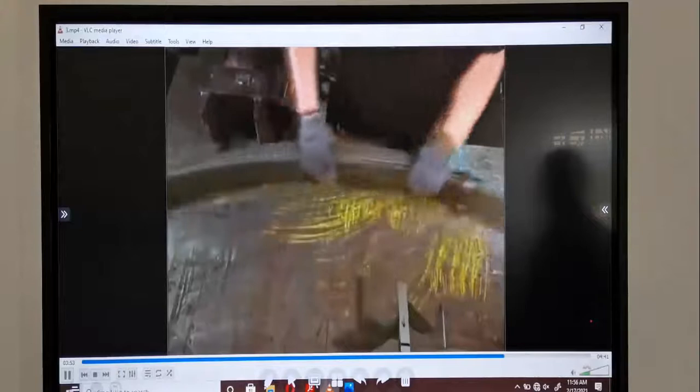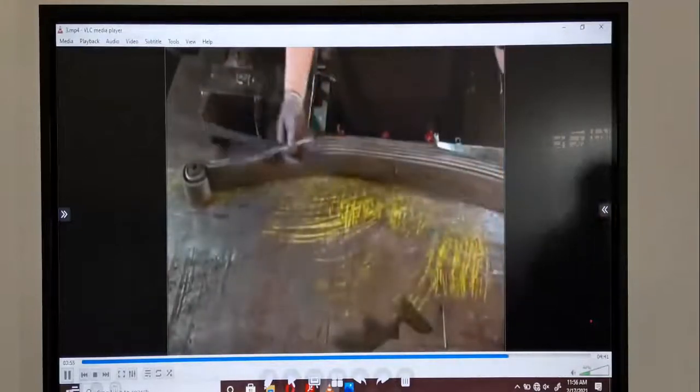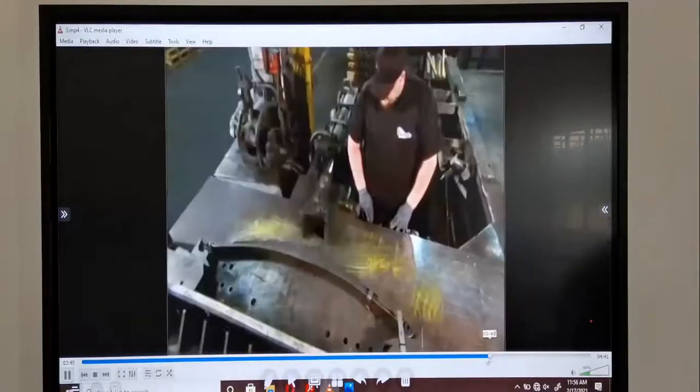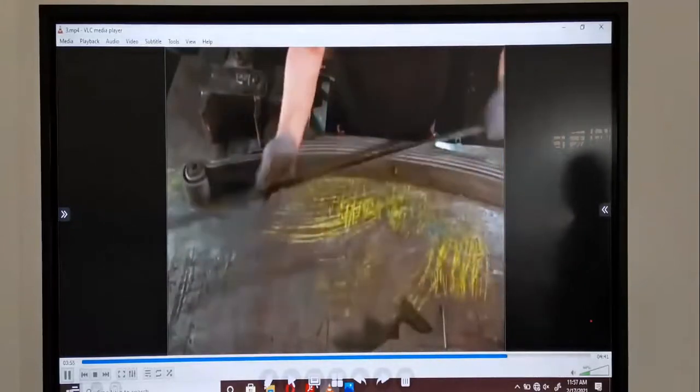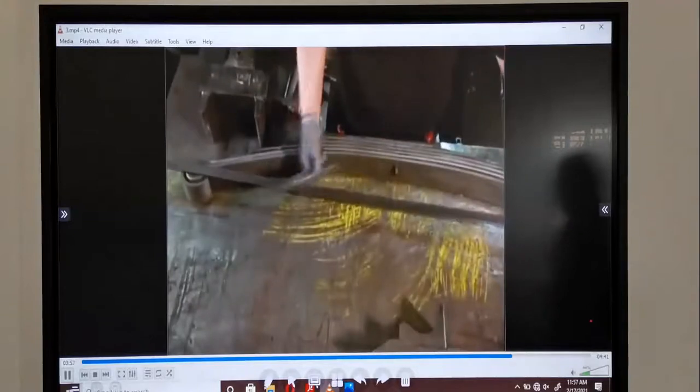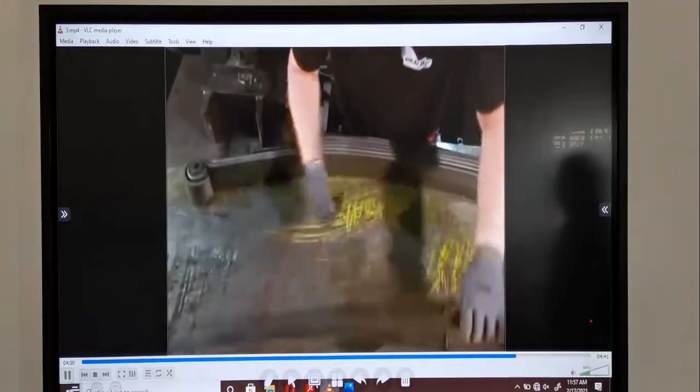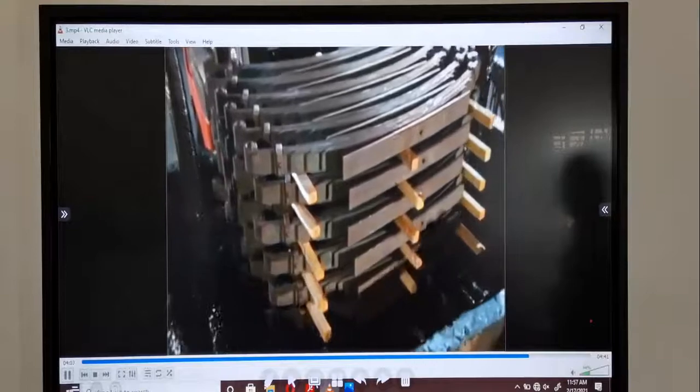Now he checked the leaf spring, testing how it works and how much it can bend. He measured how much it can bend, the depth, which is mentioned in the specification of this leaf spring. It can travel upwards or downwards by that much.